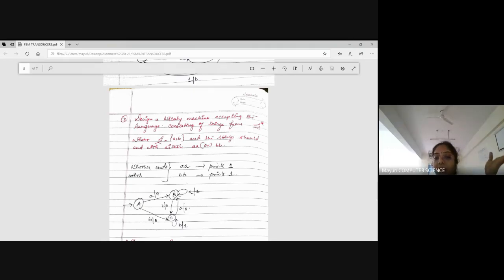Unknowingly, now the state B has output 0, as well as output 1. Correct? Now, from B, if I want to give input A, this is the acceptable state, I will give 1.